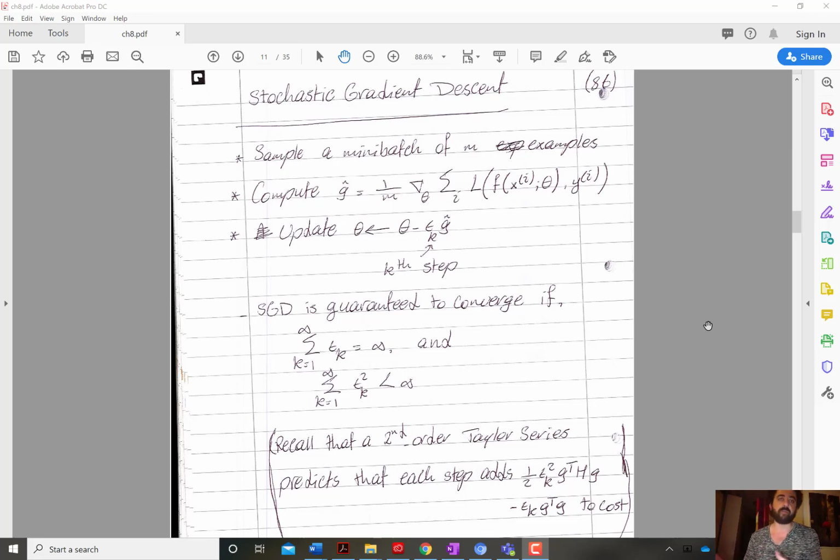So stochastic comes from the fact that I use a small set of examples to compute the gradient and compute my parameter update. So after a mini batch is sampled, ideally you want to sample it randomly from the training set.